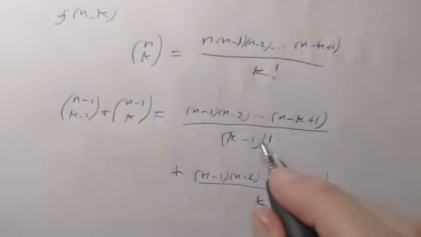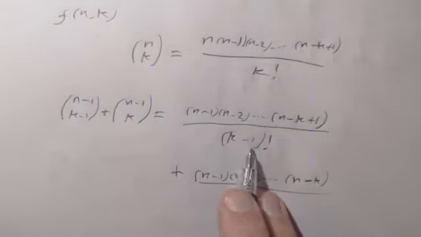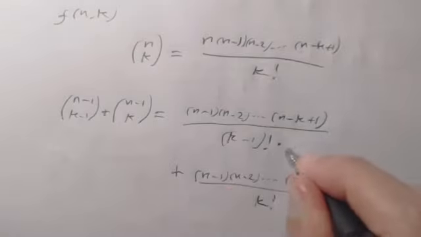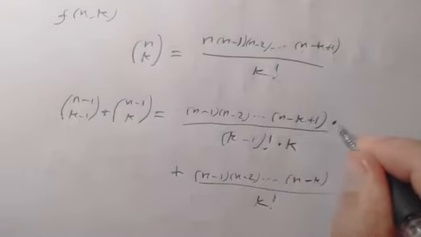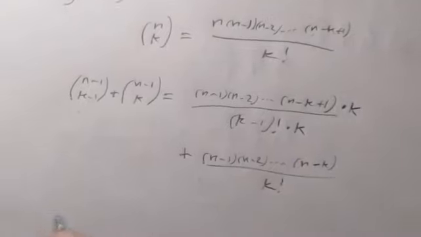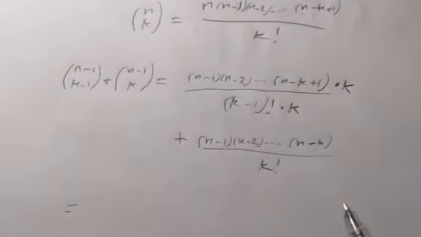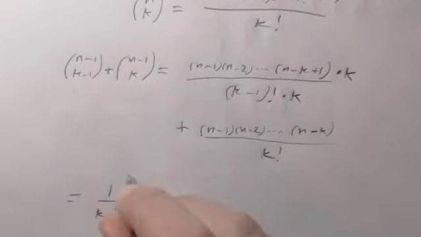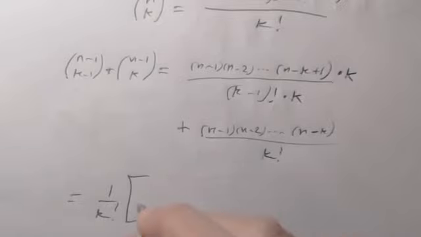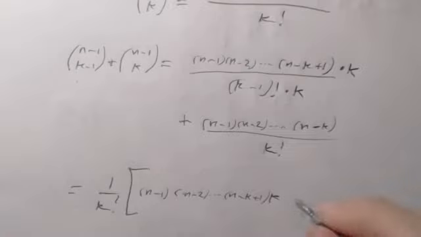And noting that k factorial is just k minus 1 factorial times k, I'm going to multiply the top and the bottom of this fraction here by k. So what this will become is 1 over k factorial times n minus 1, n minus 2, dot dot dot, n minus k plus 1 times k, plus n minus 1 dot dot dot to n minus k.